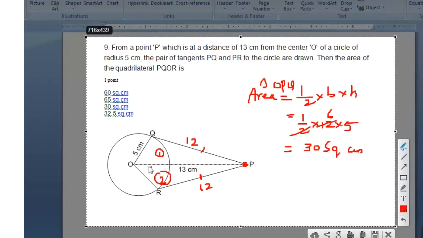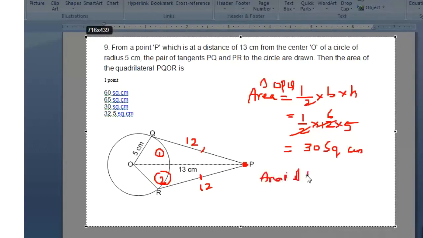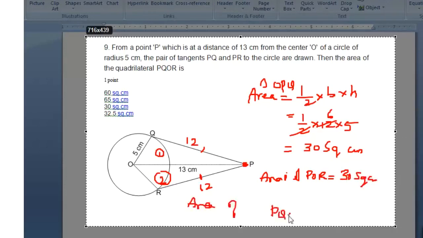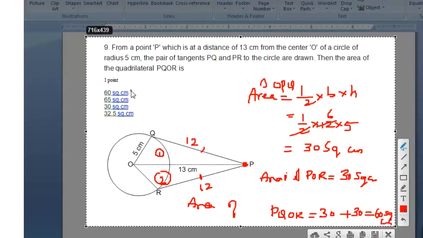Similarly, the area of triangle POR will also be 30 square centimeters, because both triangles are congruent to each other. To find the area of quadrilateral PQOR, we add the two triangle areas. 30 plus 30 together is 60 square centimeters. So the correct option for this question is 60 square centimeters.